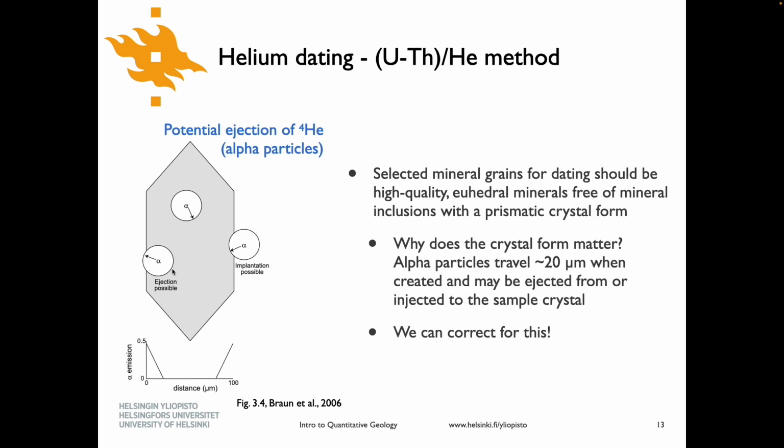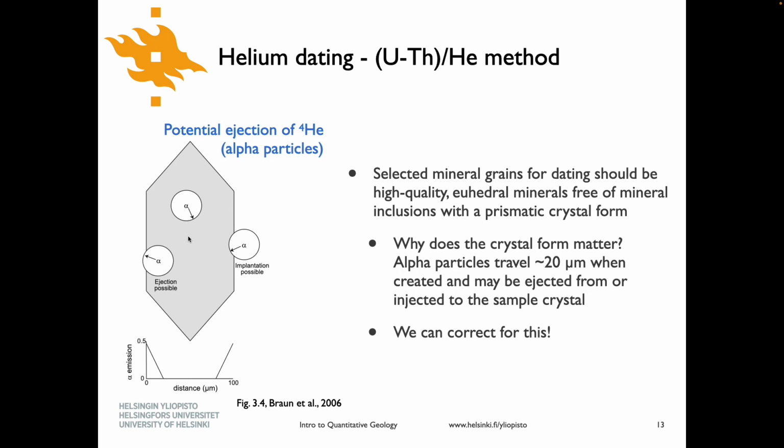So there's a correction that's made based on an assumption that if you're near the edges, you're going to have lost some helium to ejection, and then somewhere in the middle, it should be relatively uniform concentration, and at the other edge, you would be losing some. So we correct for this, but if your crystal's all broken up and not crystal-shaped, then you can't apply that same correction, which means your ability to calculate a reliable age is compromised.